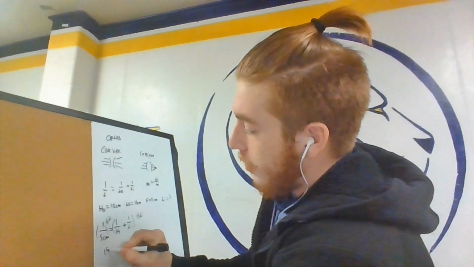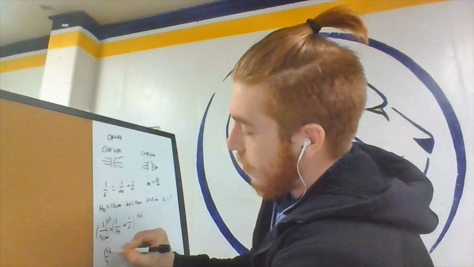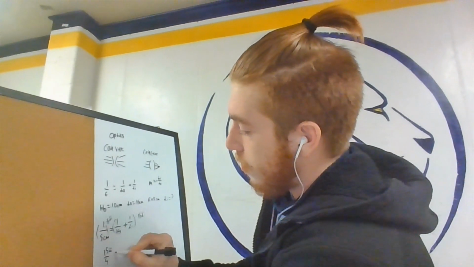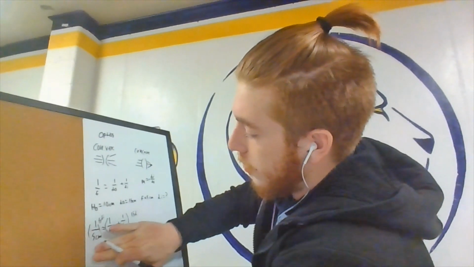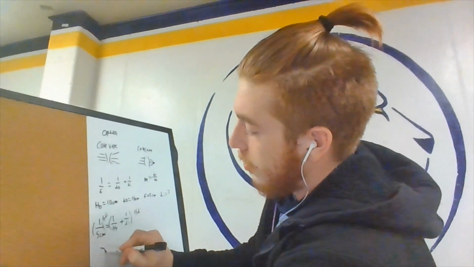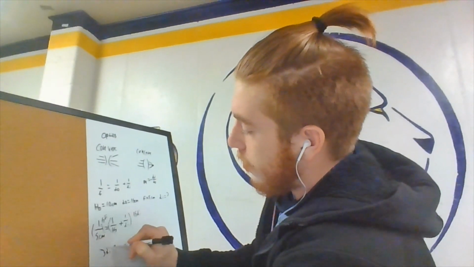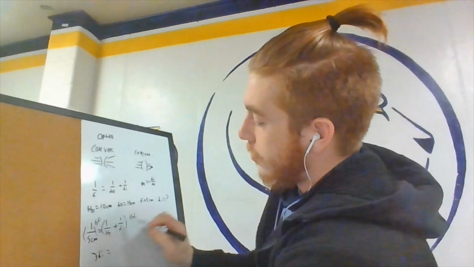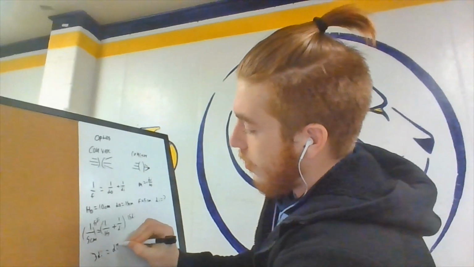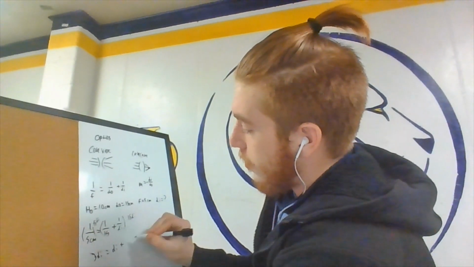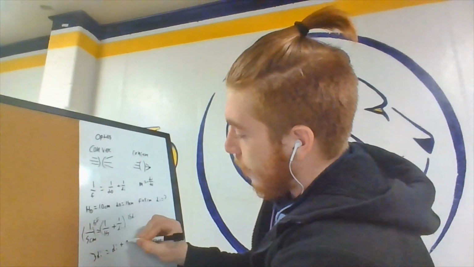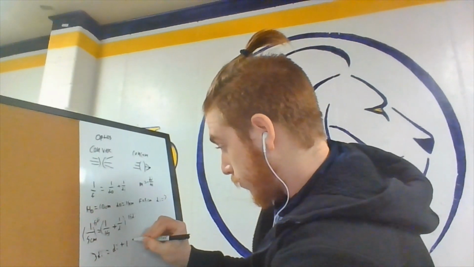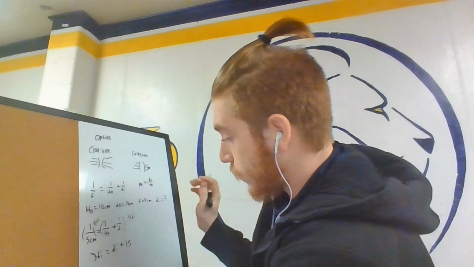So it would be 15 over 5 di, or just 3 di. So 3 di is equal to, when we do it this way, 15 plus di, because the di's cancel on the other term.